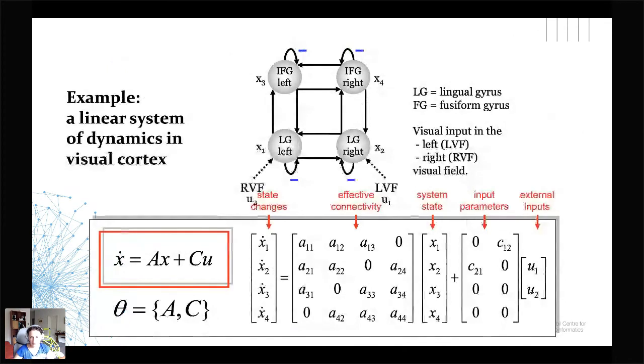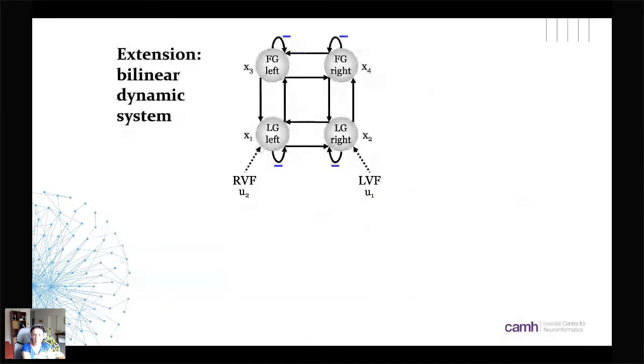So we have at the end a set of vector dynamics that change as a function of the temporal course of the input U. And these can be summarized as a matrix where A is the matrix that contains the endogenous connectivity, B, the effects of the contextual manipulation, and C, the external input, the effects of the external input.